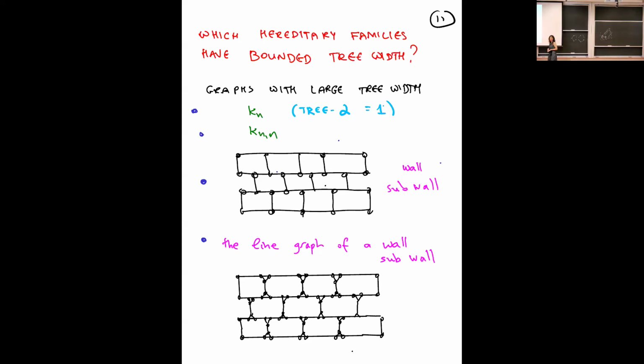But like I said, in the world of induced subgraphs, it's different. And the very first thing one notices is that if I take this and I change every junction from being a claw, like a tripod, to being a triangle, that gives me another graph with large tree width. I'm not going to explain it, but it's true. And there's a way to say it: this graph is the line graph of that graph.